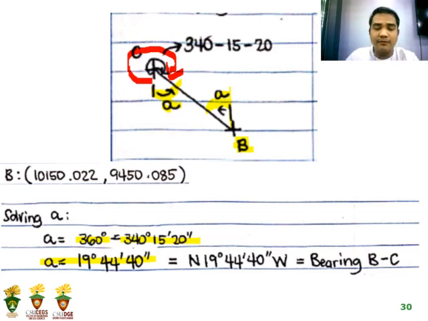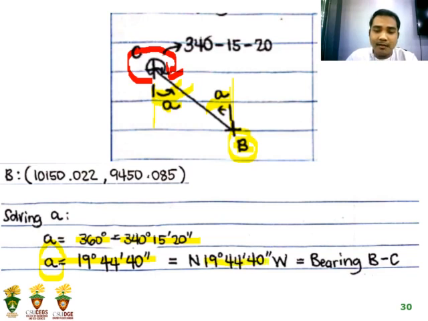Please follow along with me. From B to C, since B has the given coordinates, we need to get the bearing of B going to station C. This part is alpha, equal to this part, which is also alpha. So alpha is also our bearing from B to station C, which is 19 degrees, 44 minutes, and 40 seconds.